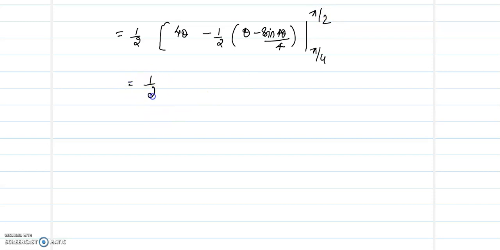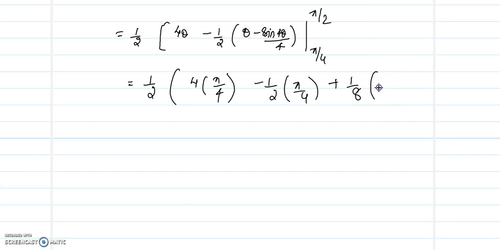Now applying the limits you will get 1 by 2, 4 pi by 4 minus 1 by 2 into the two values, so pi by 4 will come. Then plus 1 by 8 sine 4 pi by 2, which gives 2 pi, and minus sine 4 pi by 4, that is pi. So both values will be 0.